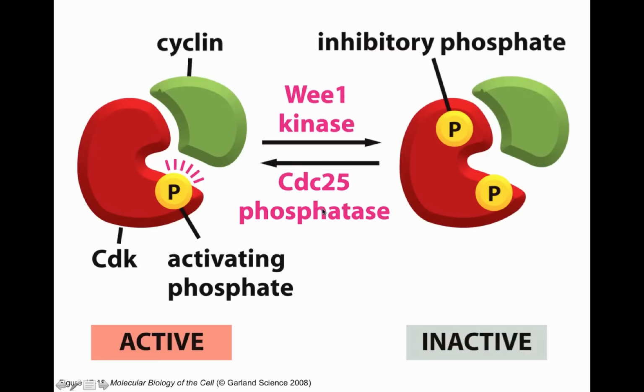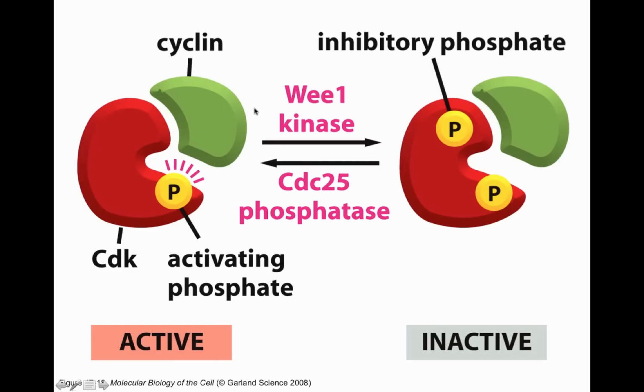So we're going to have two different phosphate sites in the cyclin CDK complex. One of those is going to be phosphorylated with an inhibitory phosphate. At the same time, you have a phosphorylation with an activating phosphate.